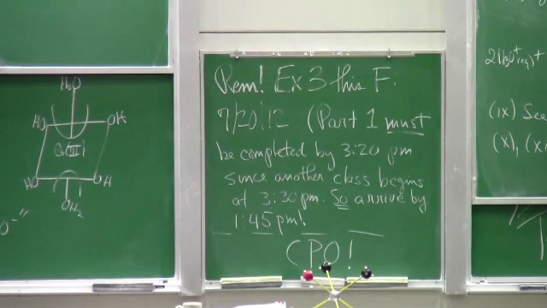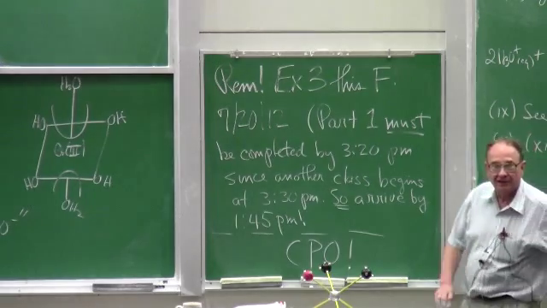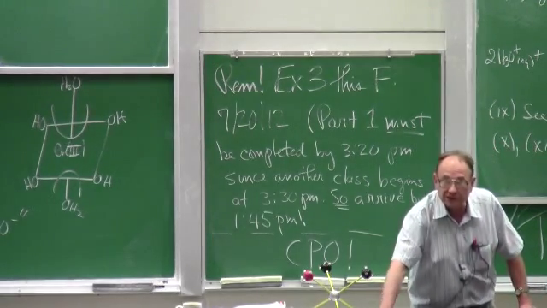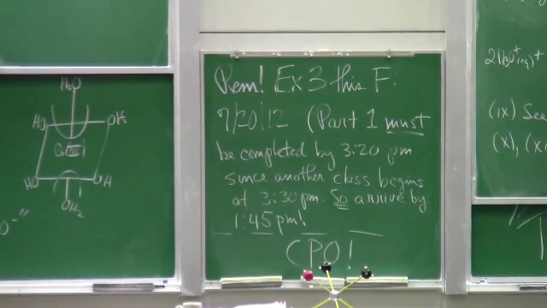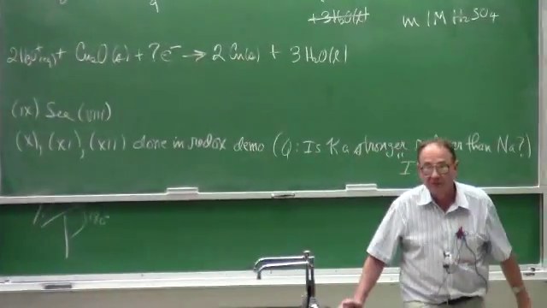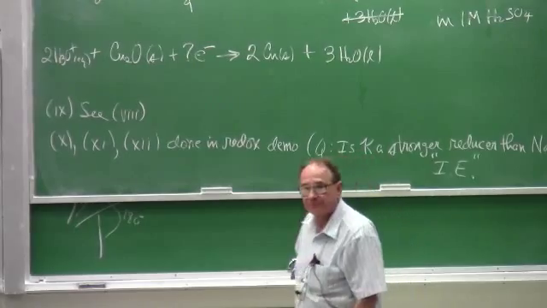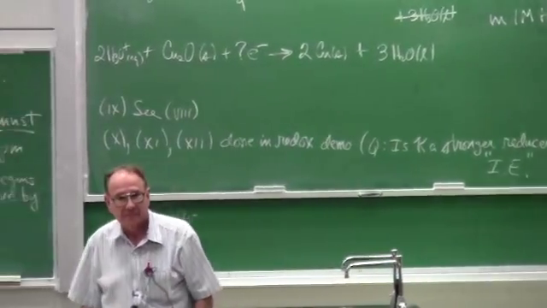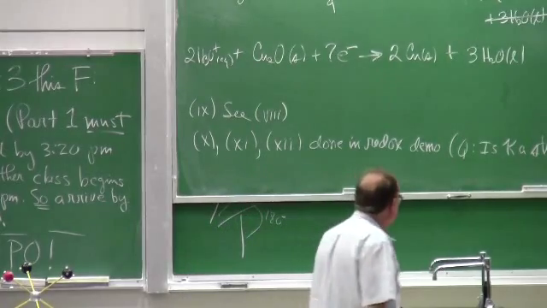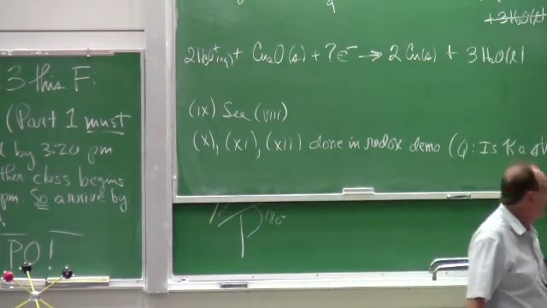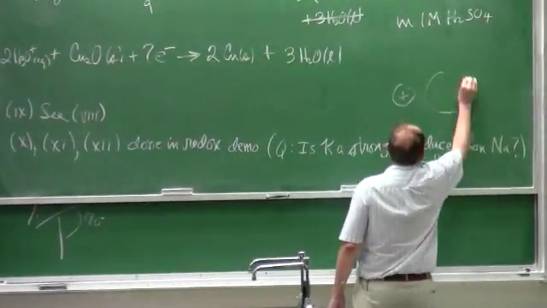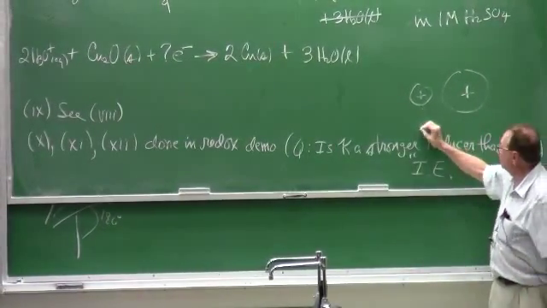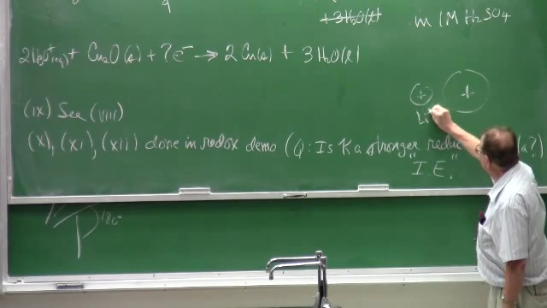What is this mystery? How can lithium, which has got the highest ionization energy, most energy required to take away an electron from lithium relative to the other 1A atoms, yet lithium in water, mind you, is most easily oxidized? How can this be? Well, do you think it might have something to do with size? Li plus, Na plus.